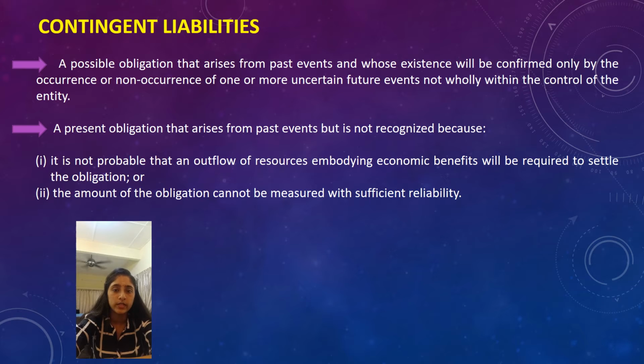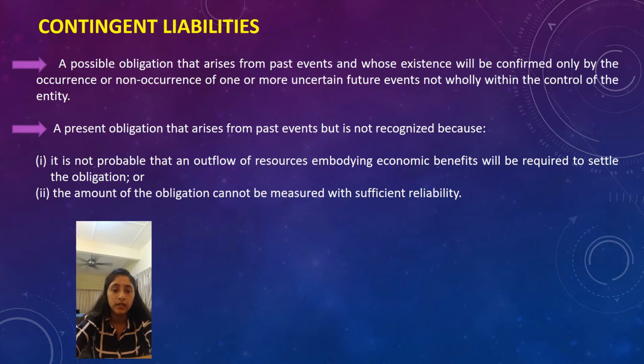Now, I want to present about contingent liabilities. The definition of a contingent liability is a possible obligation that arises from past events and whose existence will be confirmed only by the occurrence or non-occurrence of one or more uncertain future events not wholly within the control of the entity.